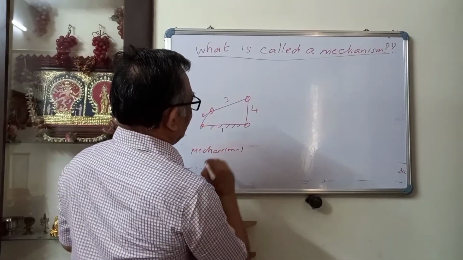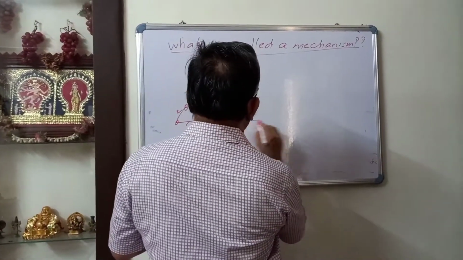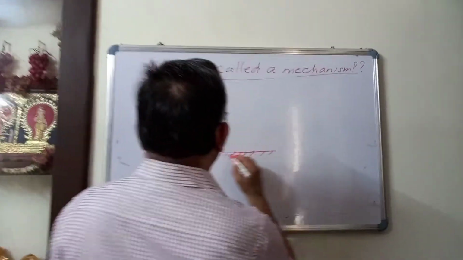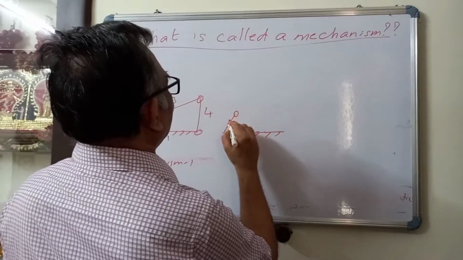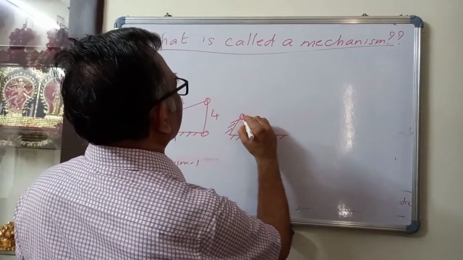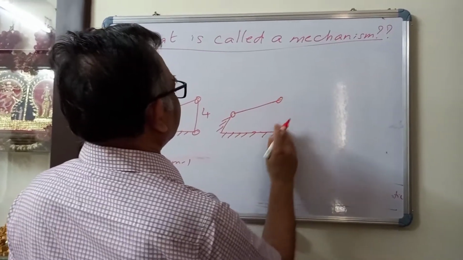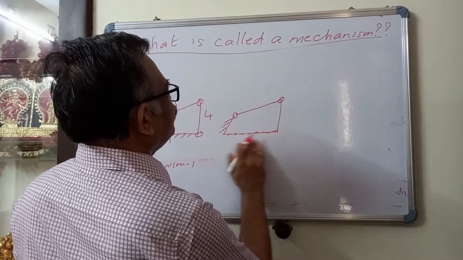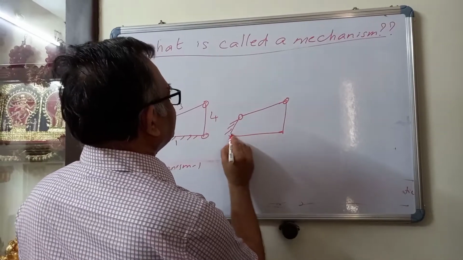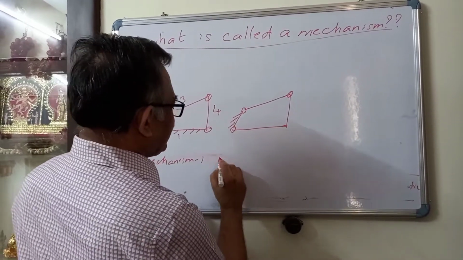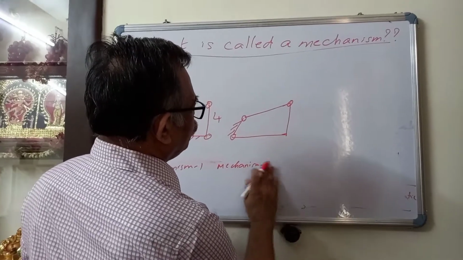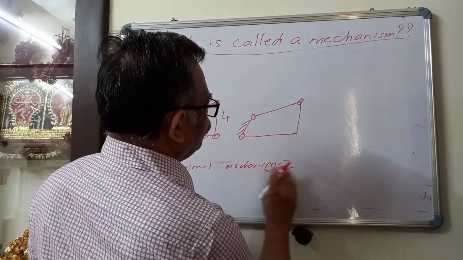The second mechanism is, instead of fixing link 1, you can fix link 2. The same thing like this. So link 2 is fixed and link 1 is not fixed. Now this is mechanism 2.